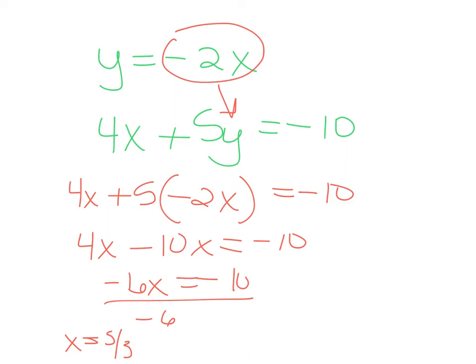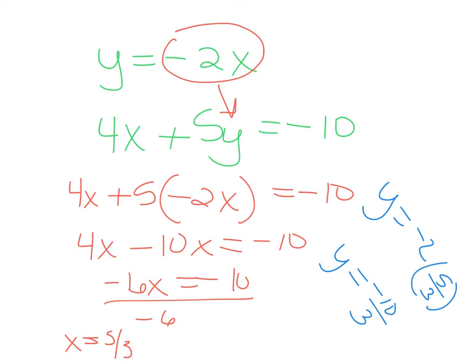So if I take y equals negative 2 times 5/3, my answer is y is equal to negative 10/3. And again, some of you came close to this answer. By the way, these problems were on Weekly Skills 5, but you didn't write them right. So the answer is (5/3, negative 10/3).